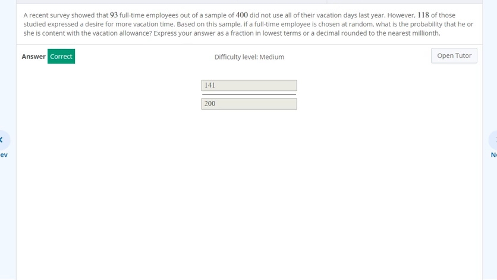All right. Now, I should mention that this 93 here is something they stuck in there that's not actually part of our probability here. So we're going to disregard this. All right, let's go on.